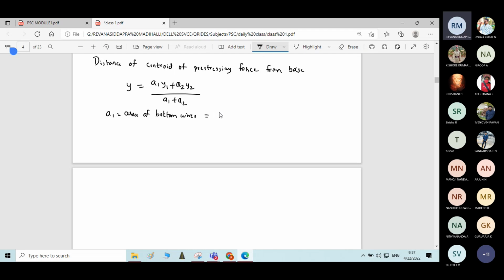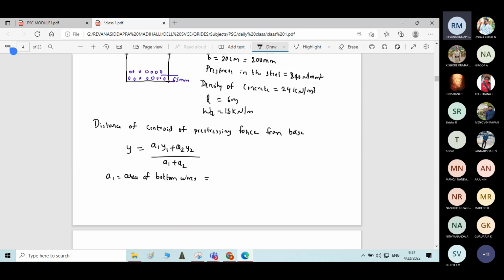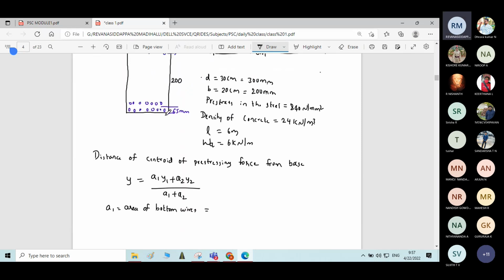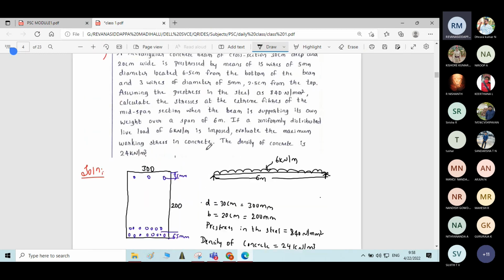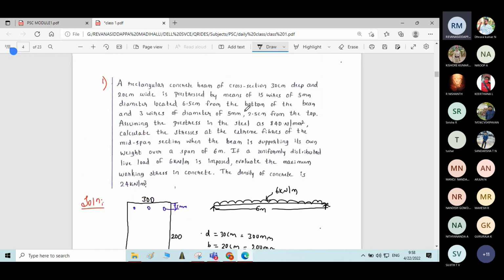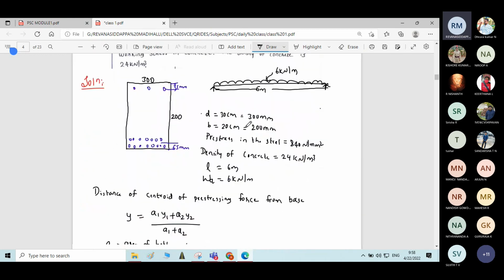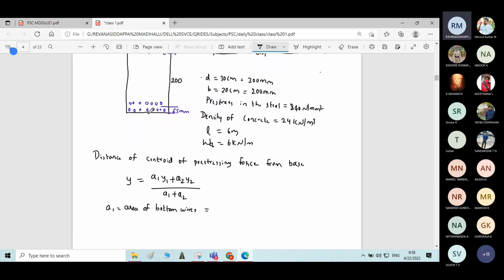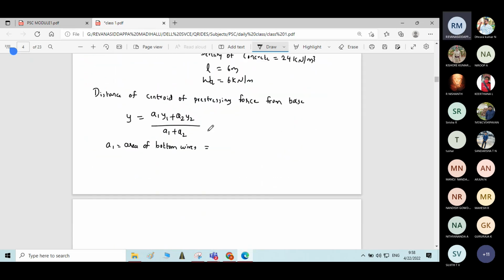How will we find the area of bottom wires? See, the diameter of the bar is given as 5 mm, and the number of bars at the bottom is 15. First you find the area of one bar.